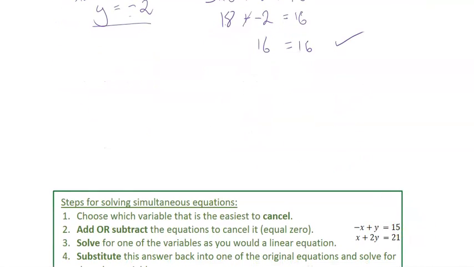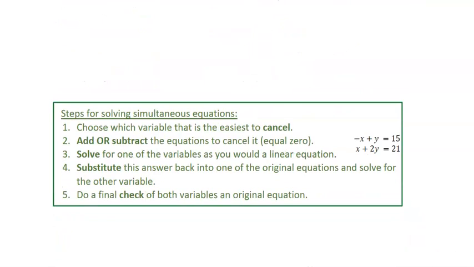So here are your notes or your steps for solving simultaneous equations. Choose which variable is the easiest to cancel. Add or subtract the equations to cancel it, so you want it to equal 0. I'm just going to draw your attention to this example. Here, you've got a negative x and an x. You can't subtract a negative x and an x because that's going to be negative 2x.